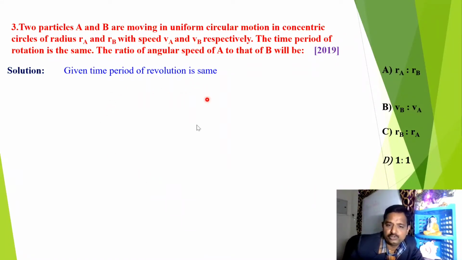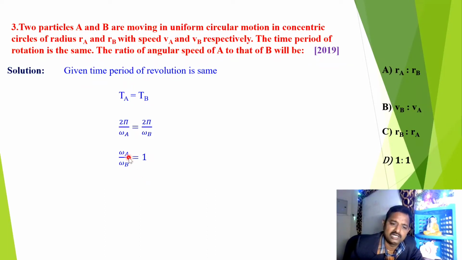Given that the time period of revolution is the same, the time period for particle A is equal to the time period for particle B. You know the time period formula is 2 pi by omega. So for A, 2 pi by omega A is equal to 2 pi by omega B for B, where omega B means the angular velocity of particle B. Here the 2 pi cancels, and we get omega A by omega B is equal to 1.